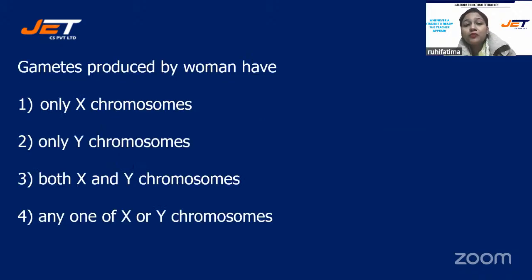Gametes produced by women have, and your options are option number one, only X chromosome, option number two, only Y chromosome, option number three, both X and Y chromosome, or option number four, any one of X or Y chromosome?